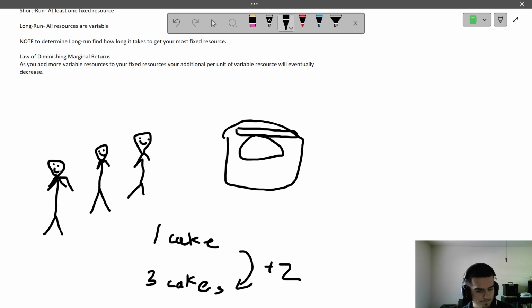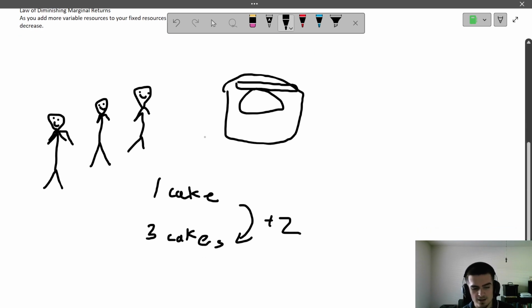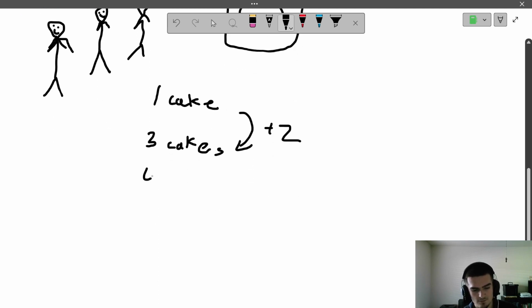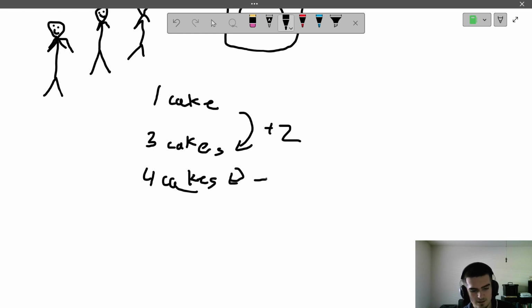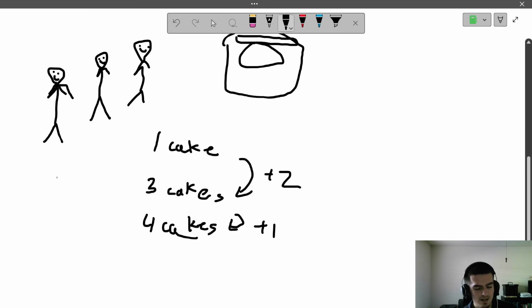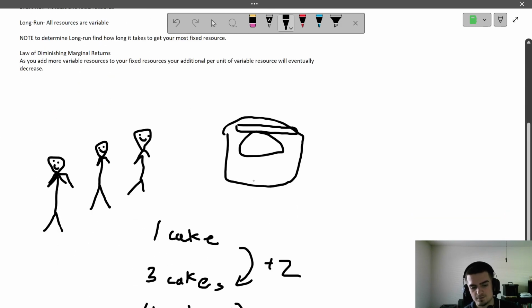Now they start getting in each other's way, but they're still able to make more cakes than before. So they make 4 cakes in an hour. But you see, it's only +1. And so each worker we add slowly starts getting more inefficient. Law of diminishing marginal returns.